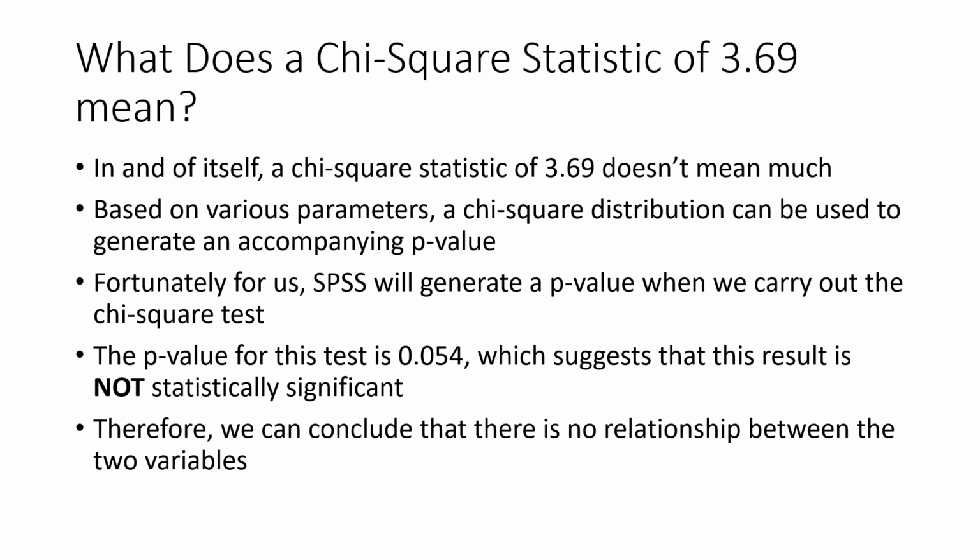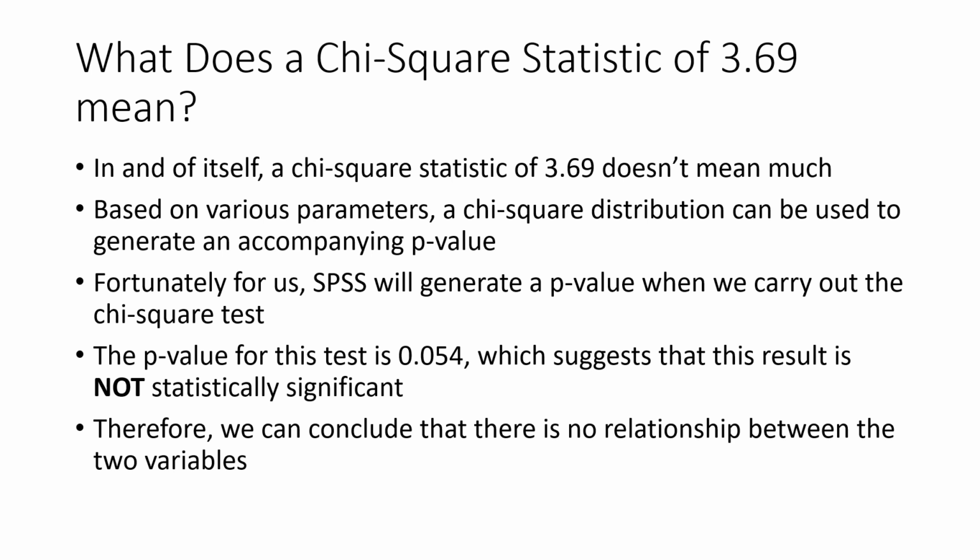So in and of itself, that statistic doesn't mean that much. It's similar to the t statistic that corresponds to the t-test that we've looked at and the F statistic that corresponds to the ANOVAs that we've already looked at. The statistic in and of itself doesn't tell us much. What we need is the p-value that accompanies it to tell us whether or not the result is statistically significant and therefore generalizable.